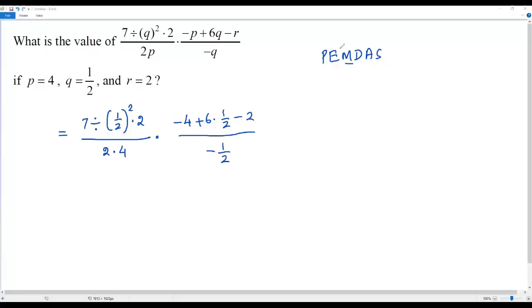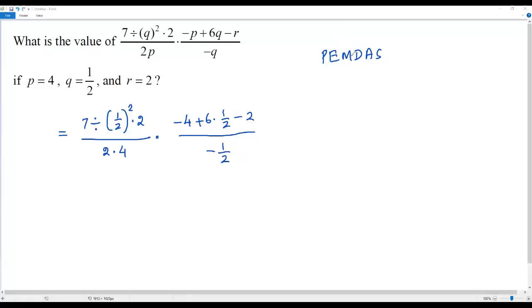Here one more important thing we have to note is multiplication and division. According to the word PEMDAS, we have M first and then D next, that is multiplication first, division next. But in a particular numerical expression, we cannot always expect multiplication before division as we have over here. Sometimes we'll have division first and then multiplication next.